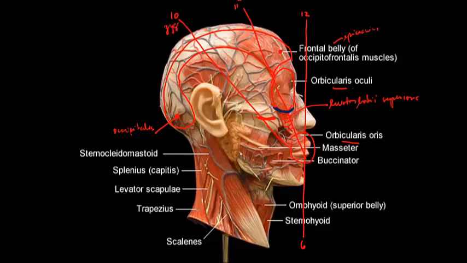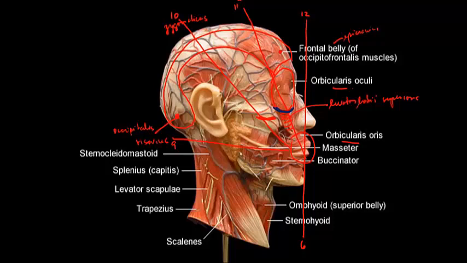The zygomaticus major and minor is not distinct here, so I'm just going to call it the zygomaticus muscle. And then the muscle at 9 o'clock, that's the muscle that's horizontal, and that's going to be your risorius muscle.